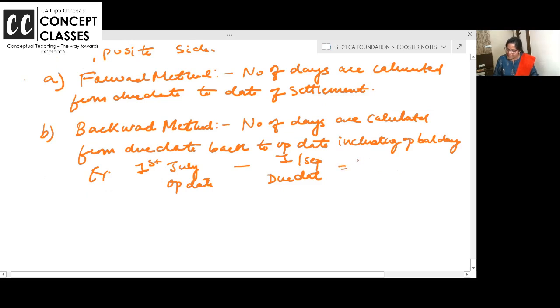So how will you calculate? 31 days of July, 31 days of August, and 1 day of September: 63 days. When you go backward, you have to take every transaction till 1st, the opening balance you have to take.